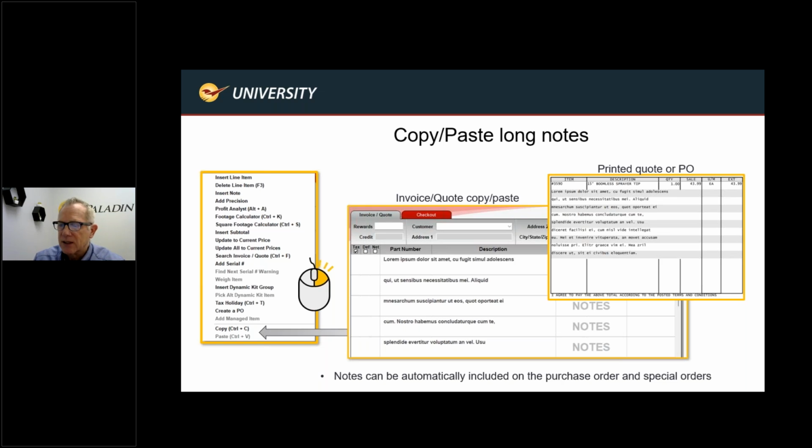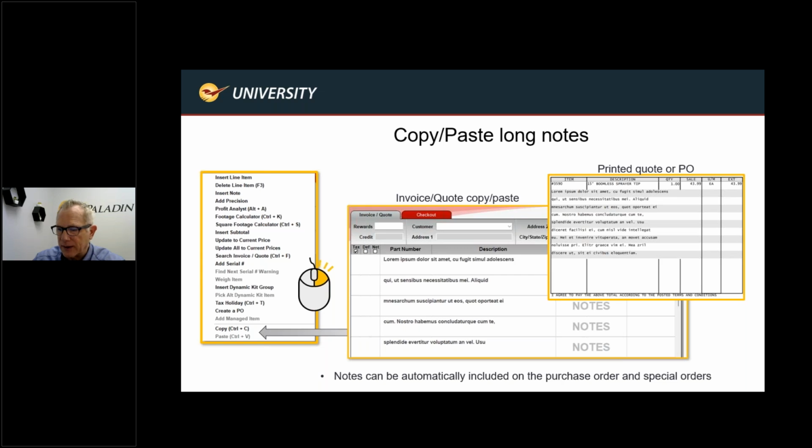If you can access the notes in another system, you can copy and paste them from that, or from an Excel document, or from a Word document, or from a third-party window creation system.